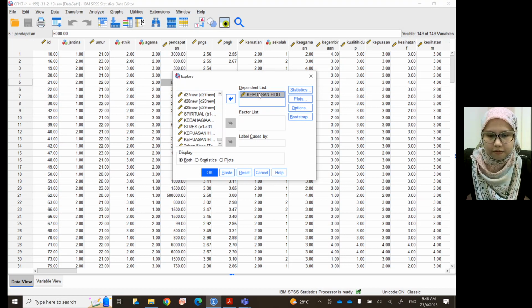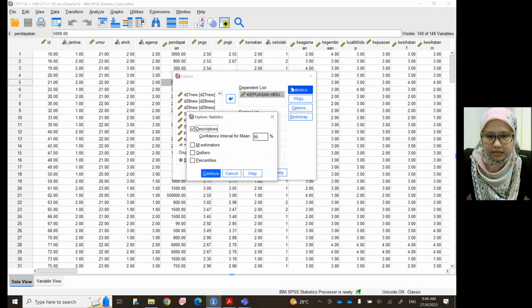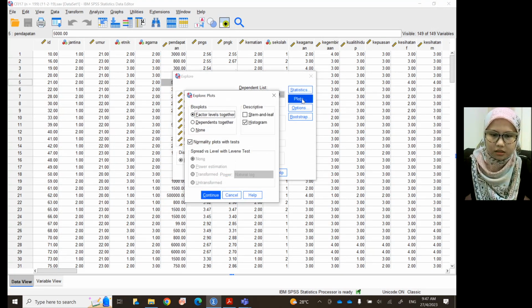Once I have inserted it under the dependent list, I click on Statistics, and you can see this confidence interval is 95%, meaning that the alpha value will be 0.05. Continue to Plots.